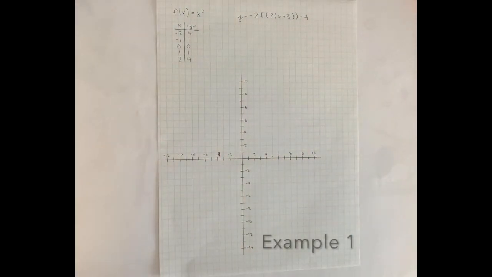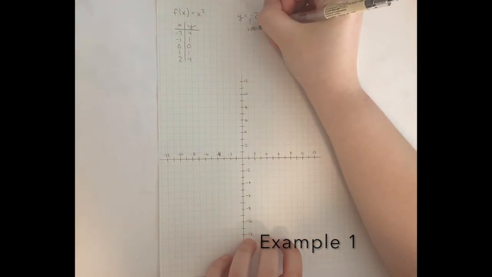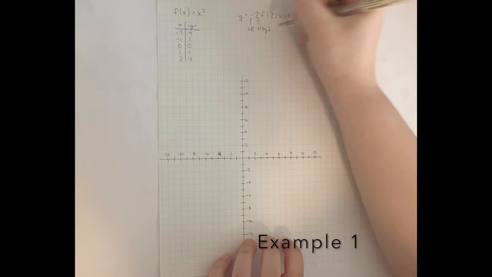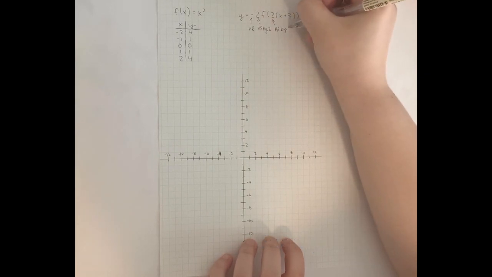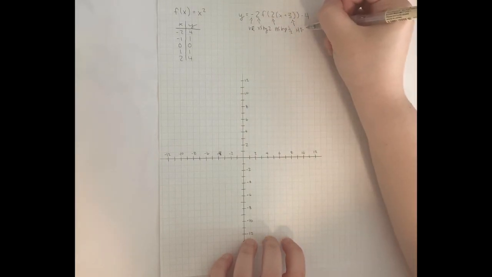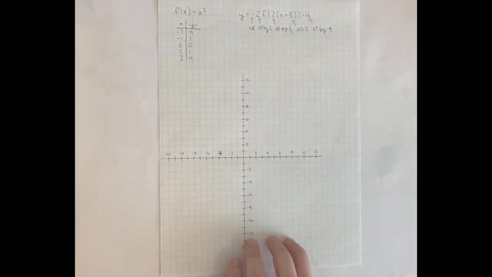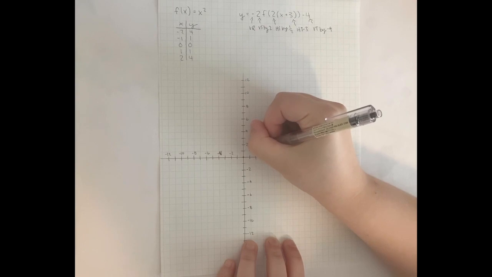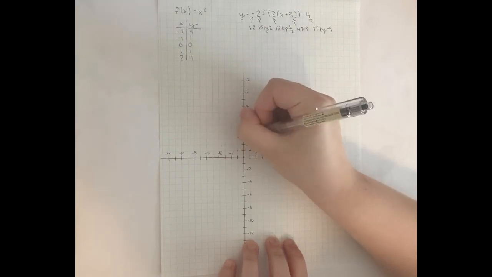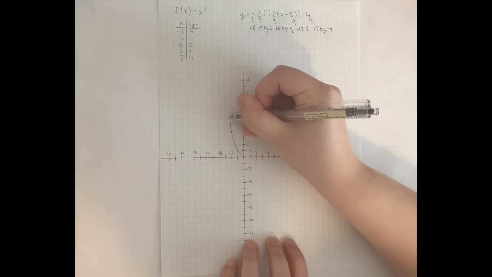This is the first example. It's a quadratic equation, and I'm listing all the different transformations in the function. First of all, I'm going to graph the basic quadratic function.